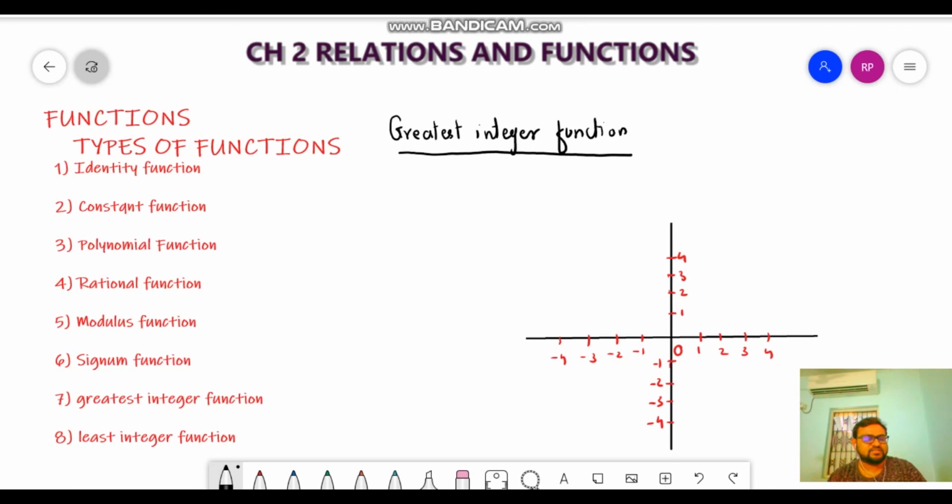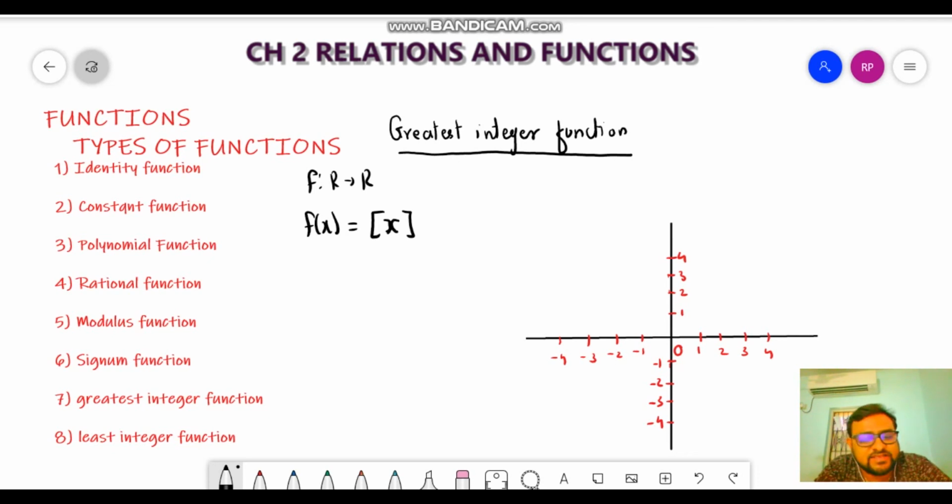Greatest integer function. Now see, this is somewhat different from all the other functions that we have done. f, I can take R to R, f(x) is equal to x in the square bracket, right? See, when it is written in square bracket, it is not only a bracket, but this means that it is the greatest integer function.